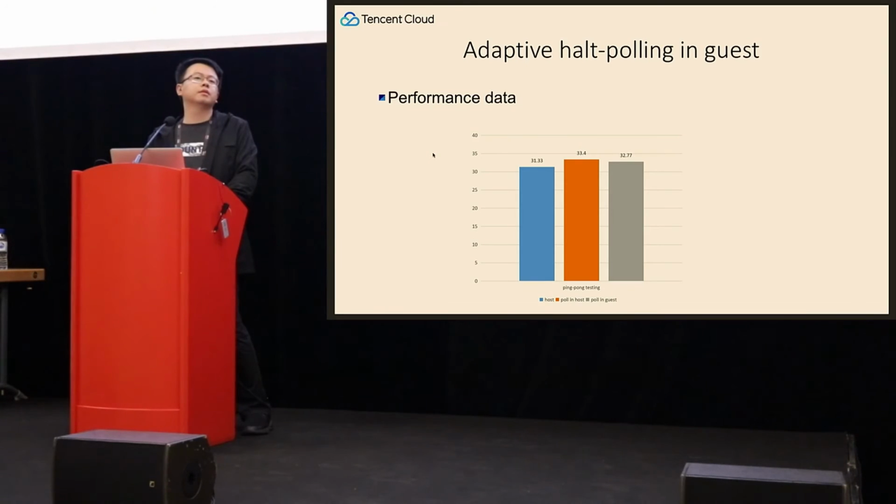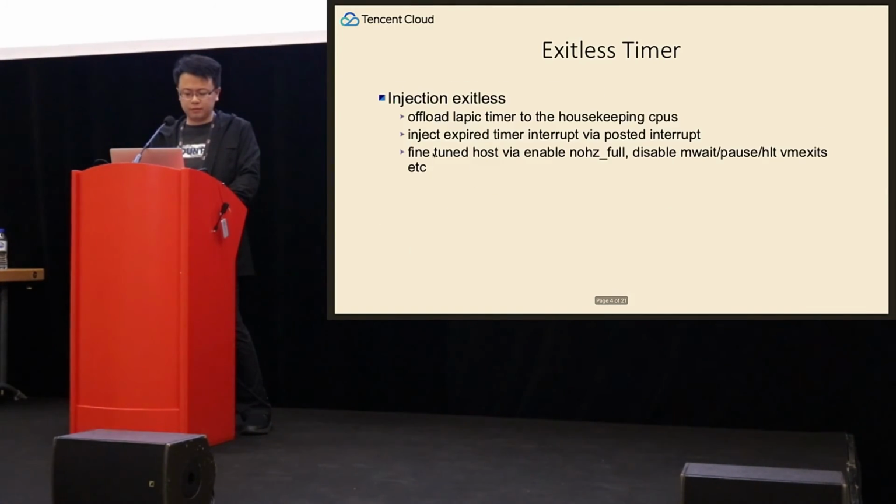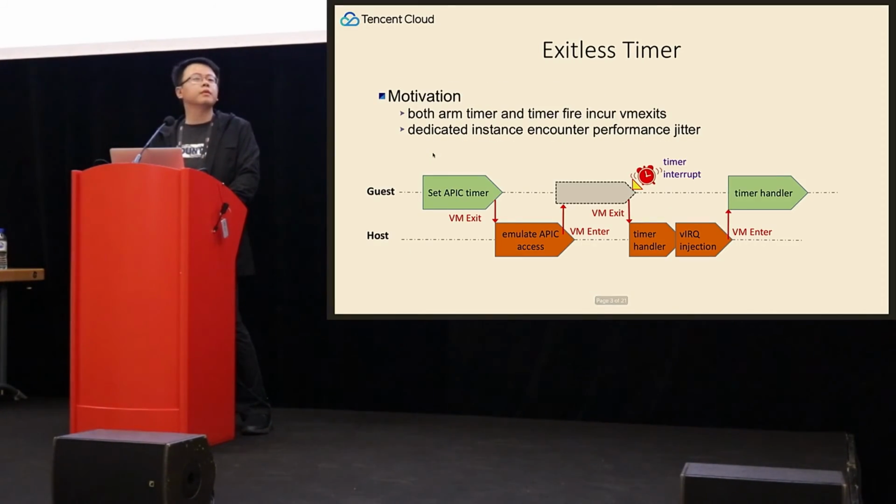Hi, my question's about the exitless APIC timer in the beginning. Yes, this one. Do we have any plans to omit or avoid the exits for programming the APIC timer? So not the firing, handling the firing, but the programming?